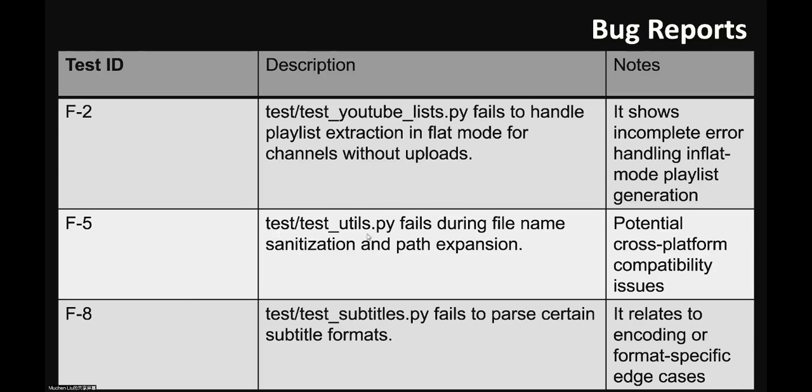The second test is functional test 5. The test_utils.py fails on filename sanitization and path inspection. It shows personal cross-platform compatibility issues.